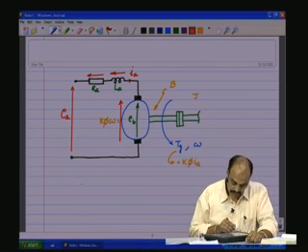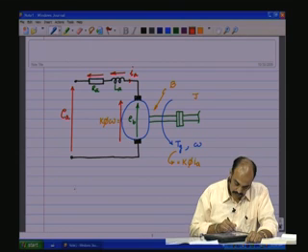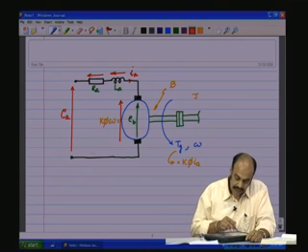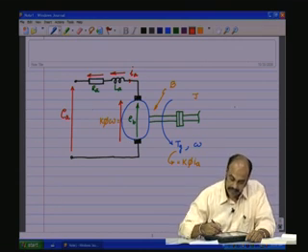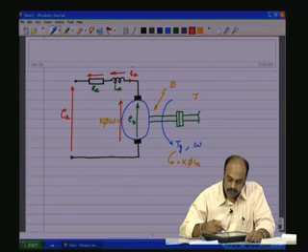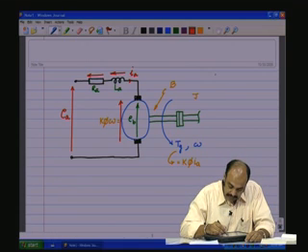So, therefore, we can apply Kirchhoff's voltage law in this electrical area. Likewise, on the mechanical side also, one can apply the equivalent of Kirchhoff's voltage law, the potential variable being torque.